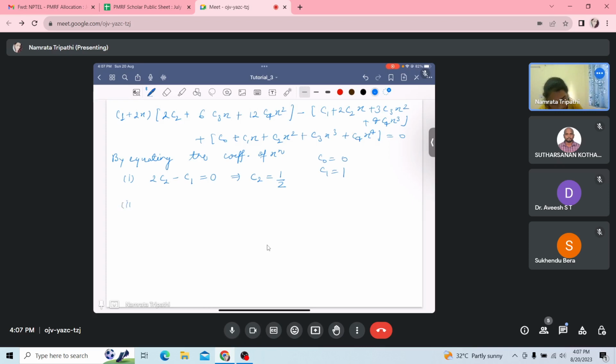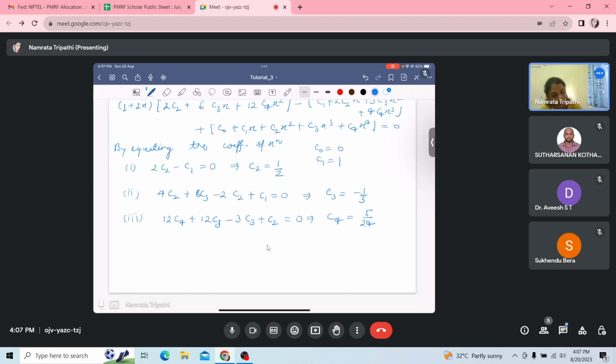After equating the coefficient of x, you can check it; after putting C0, C1, C2, you will get the value of C3. After equating the coefficient of x squared, from here you will get the value of C4.